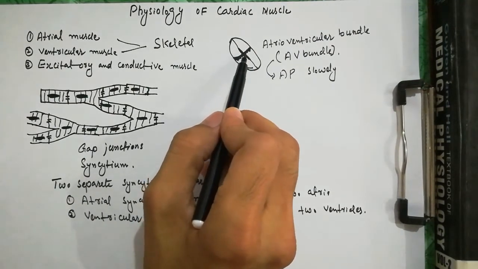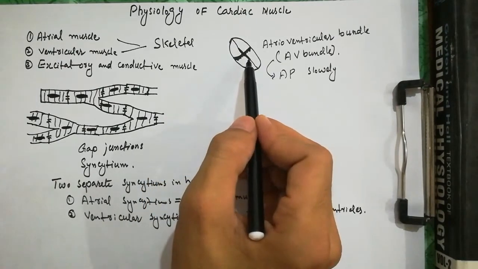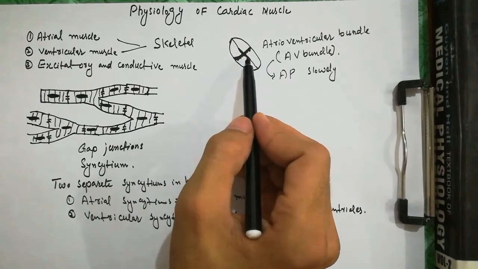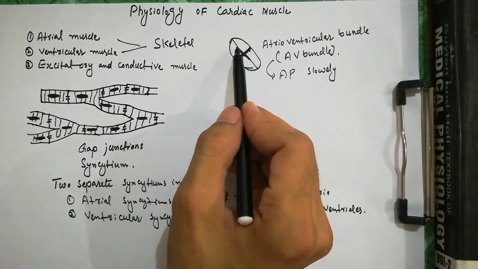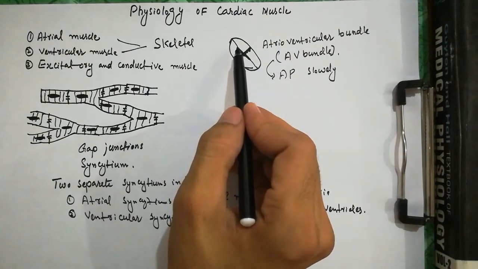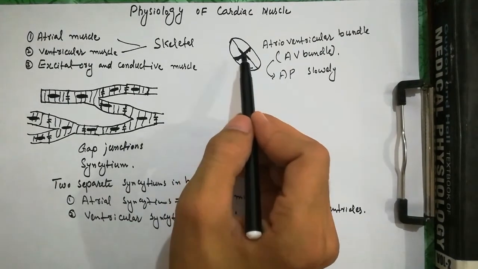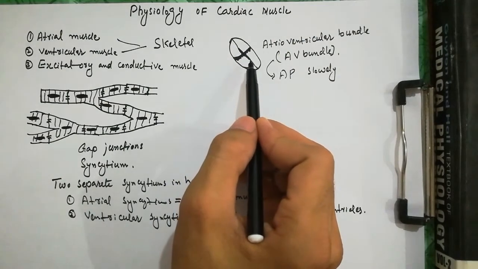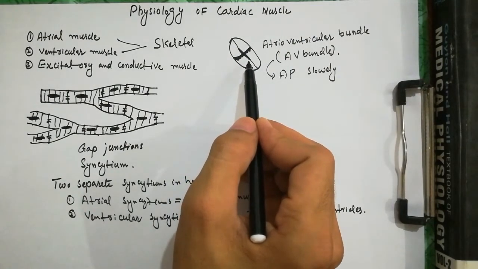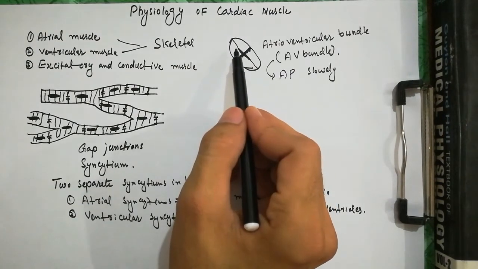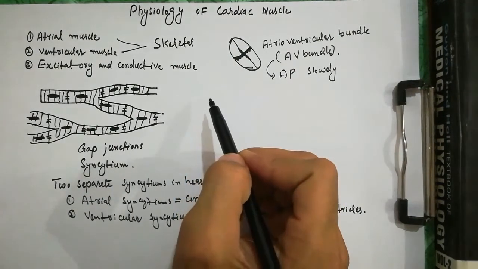So when action potential reaches the ventricles, atrial contraction ceases and atria start relaxing, so that at the time when ventricles contract, atria are in a relaxed position.